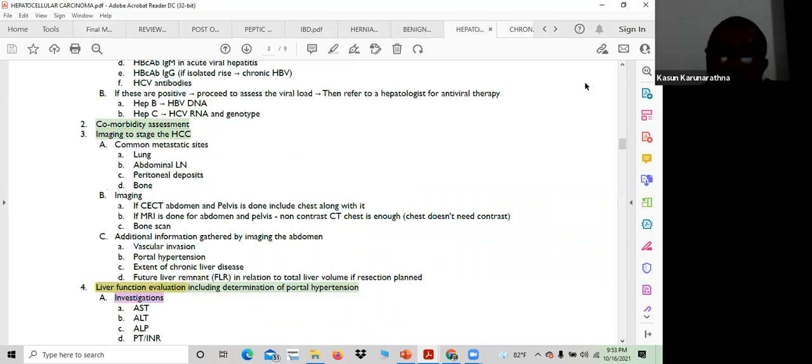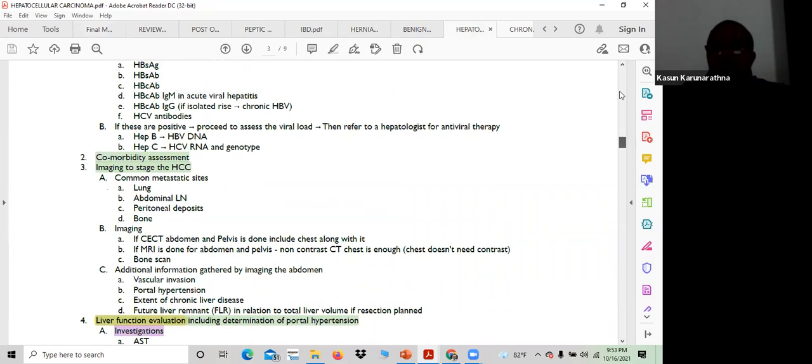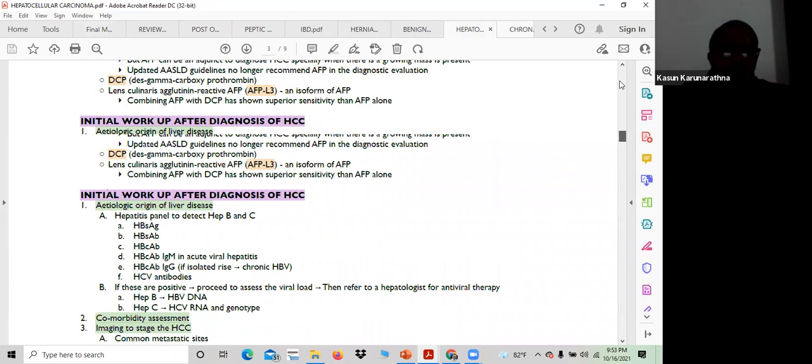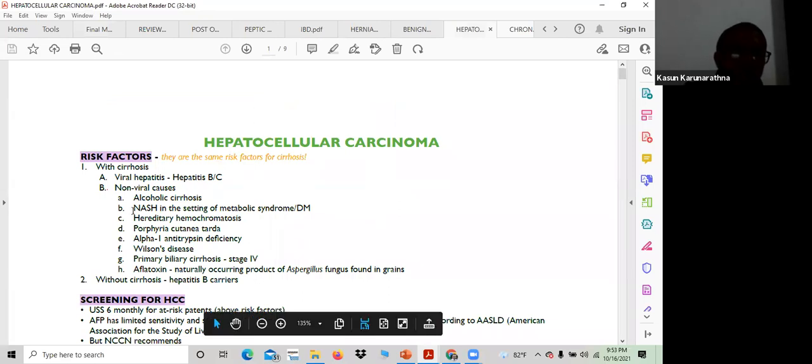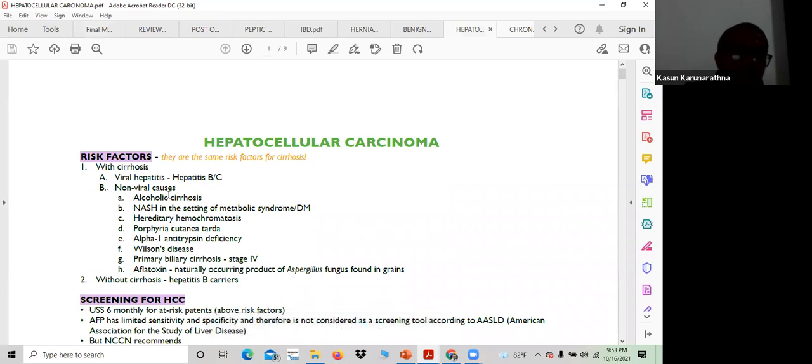Hepatocellular carcinoma. Risk factors. This hepatocellular carcinoma can arise with cirrhosis or without cirrhosis, right? With cirrhosis, there are viral causes, hepatitis B and C infection.